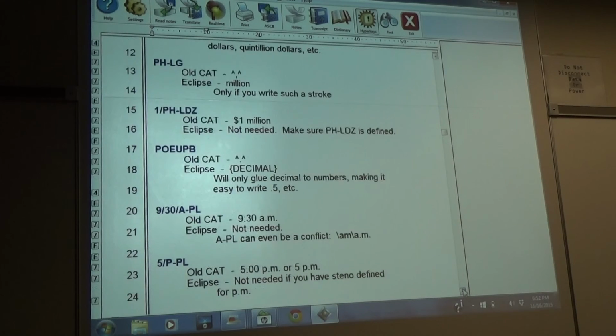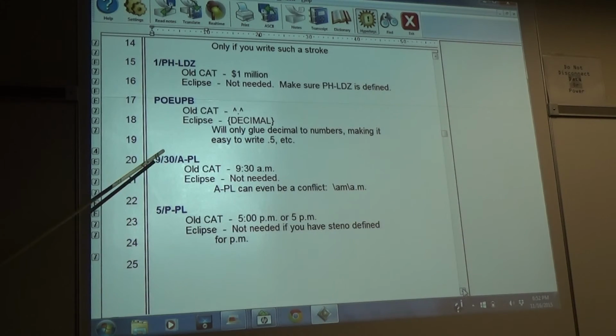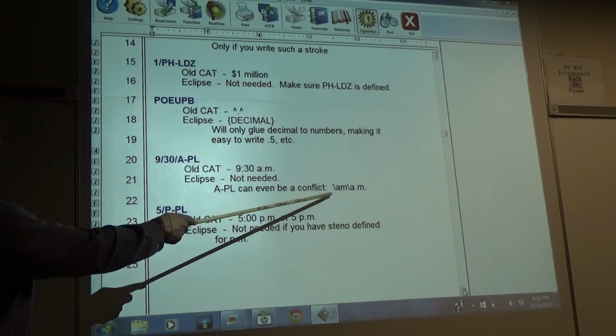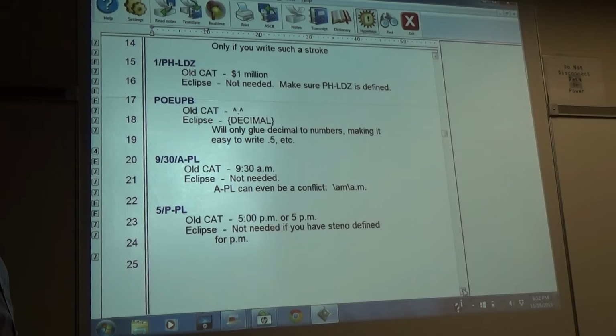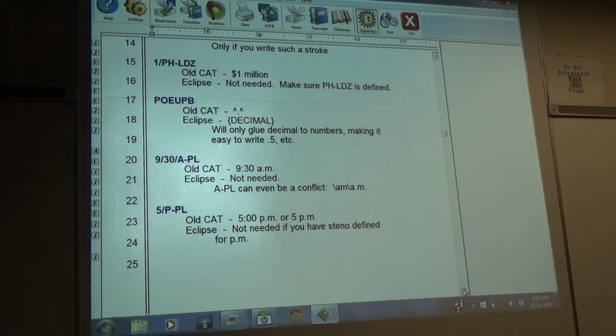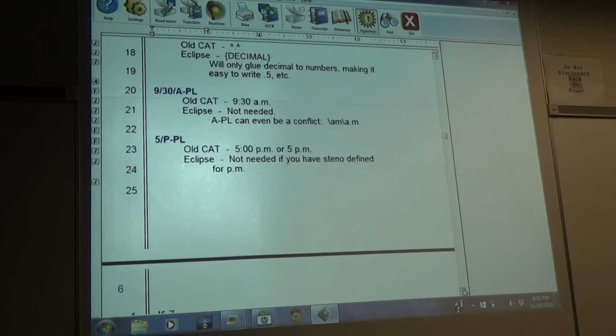Same thing with 9:30 a.m. I would suggest you do it a different way than the same way that you write am. I do it with an asterisk, and it's just going to do a time conversion, okay? And it'll be defined as A period, M period. Same thing with PM.